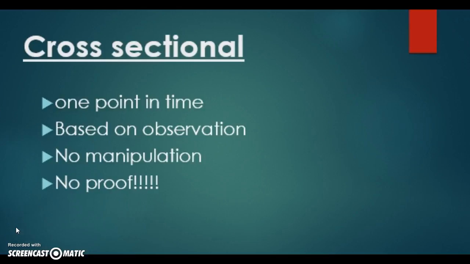But on the other hand, as an advantage of this, it can suggest a cause and effect of why this is happening. But again, nothing can actually be proven. So basically, what this study allows you to do is to look at different groups of individuals and compare and contrast.